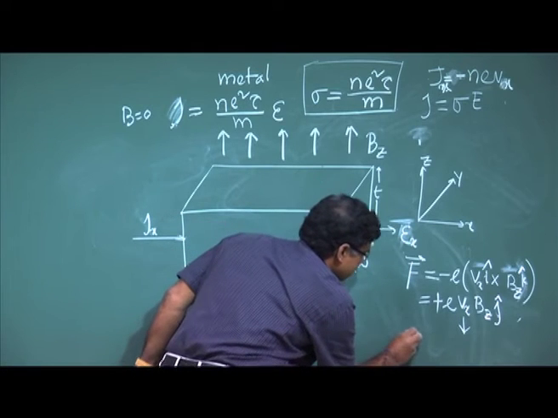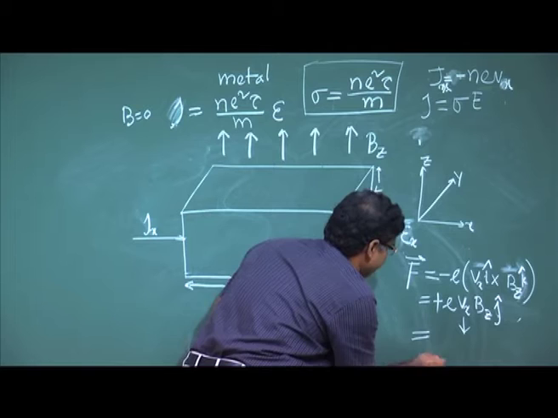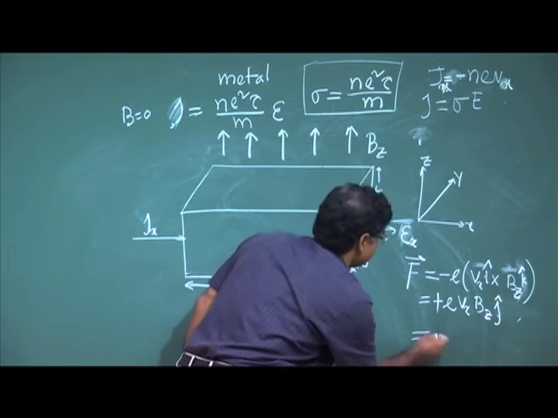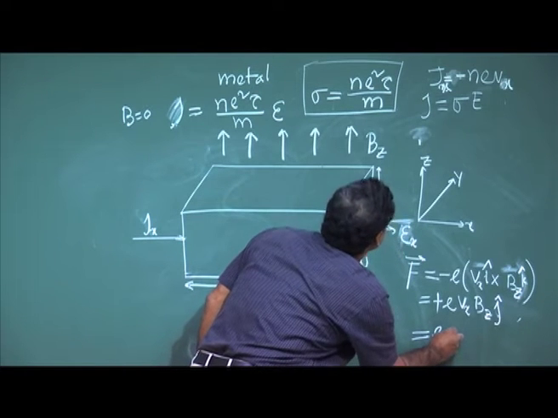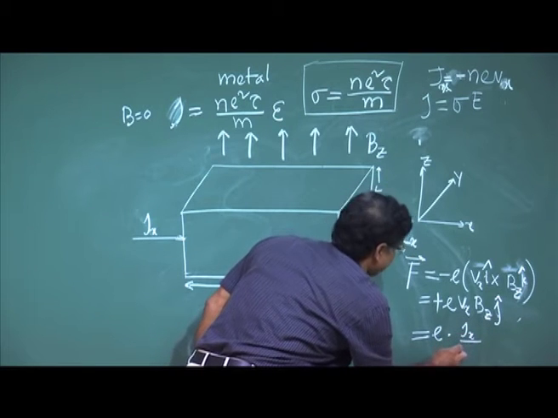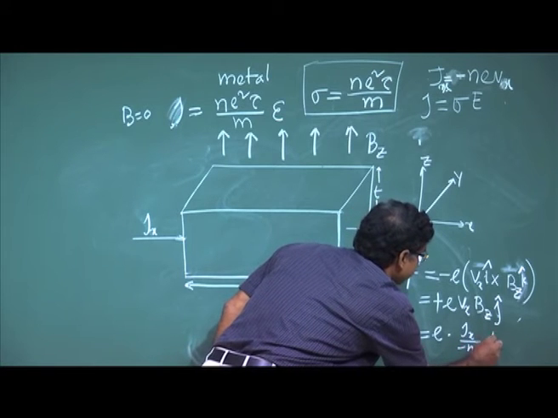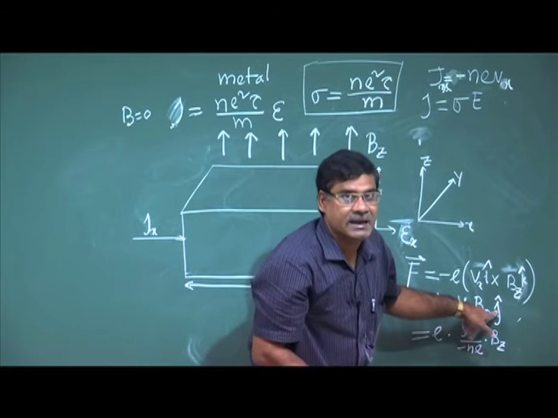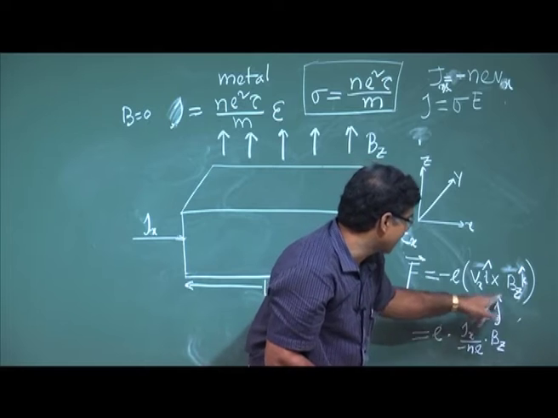If I want to replace V_x, I have to replace it by e times J_x by minus n e, then B_z. So, this is the unit vector along the y direction. It is telling us the force is along the y direction.